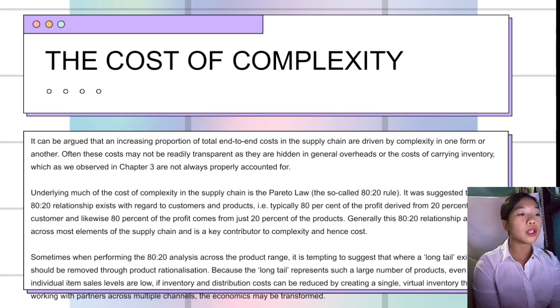Even though individual item sales levels are low, if inventory and distribution costs can be reduced by creating a single virtual inventory through work with partners across multiple channels, the economics may be transformed.